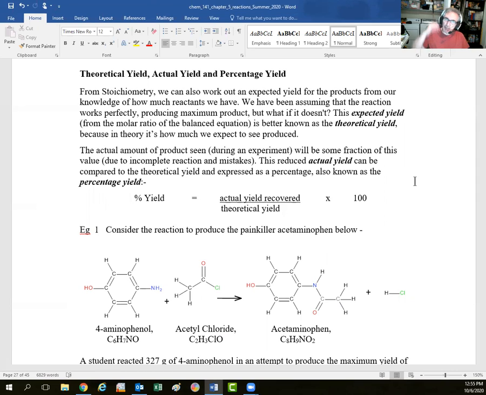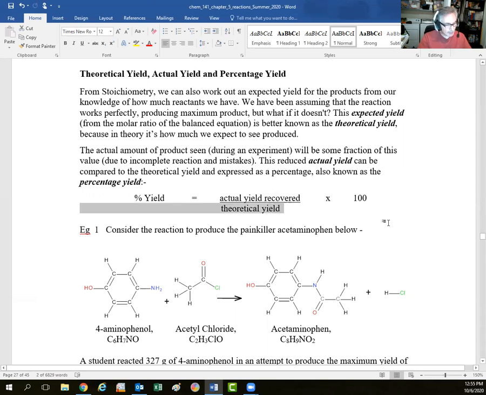And sometimes it can just be about losing product when you're working up the reaction, not getting that last bit out of the beaker. So we've got this actual yield from when we go into the laboratory compared to the theoretical yield, and that gives us a percentage of the theoretical.